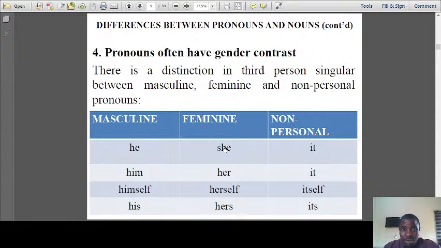So we can do it in personal pronoun, we can do it in reflexive pronoun. We can do it in personal pronoun in subjective case. This one is personal pronoun in subjective case. This one is personal pronoun in objective case. We can find it in reflexive pronoun, and we can find it in possessive pronouns.